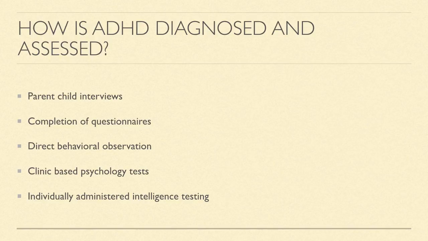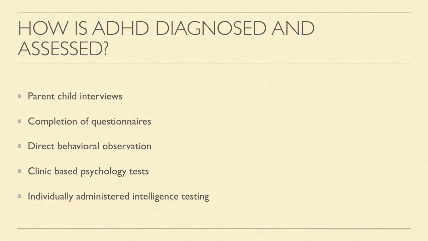They often have students and parents and sometimes even teachers or other people in close relation to the child complete a series of questionnaires, which dive into the same questions and talk about student behavior and their tendencies and things of that nature that might point towards a possible diagnosis.